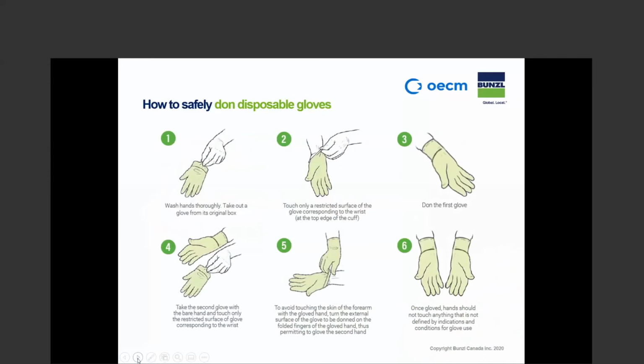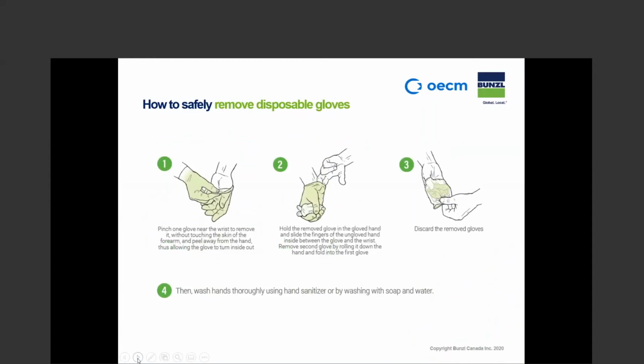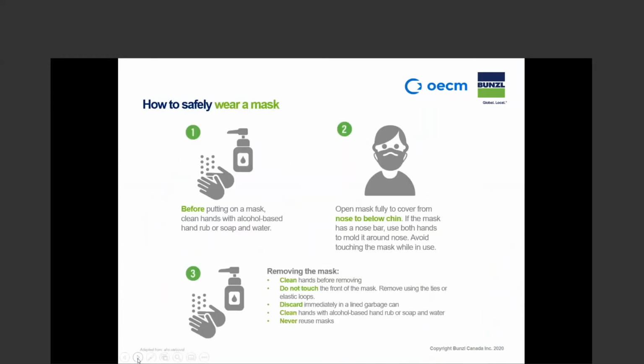So this is just a little synopsis on how to properly put on and, ultimately on the next slide, to remove disposable gloves. It's critical. I can't say it enough. I go into environments every day and I've seen people do some things that make me shudder in taking gloves off. So it's important to spend some time with your staff to make sure they understand that.